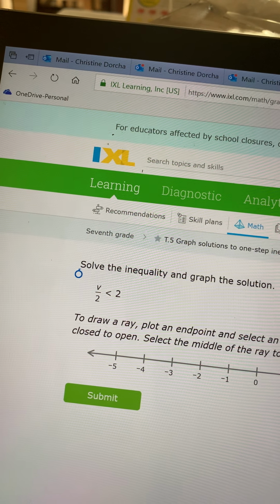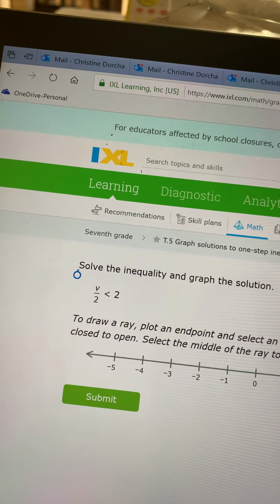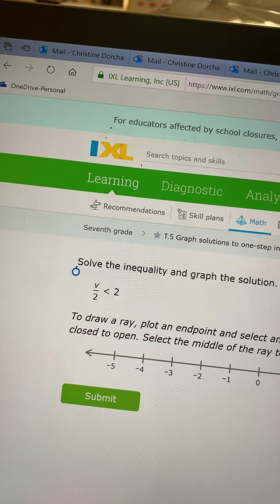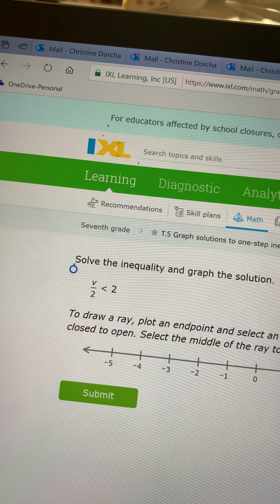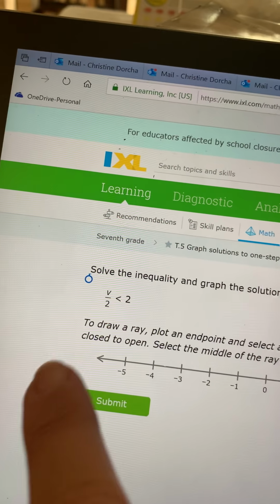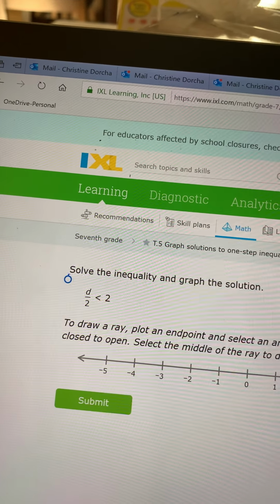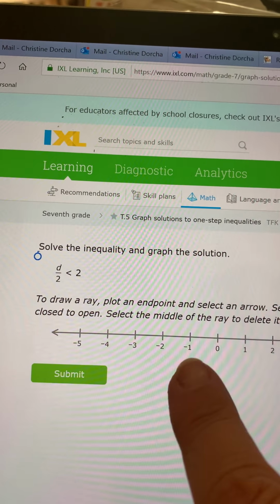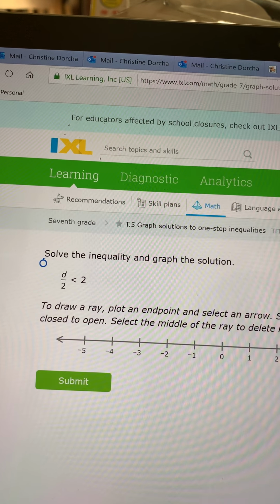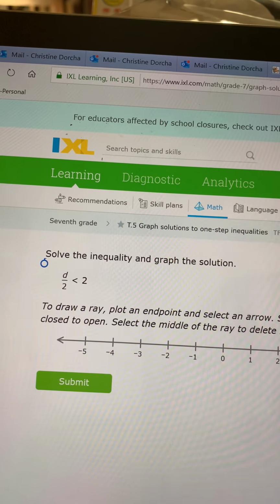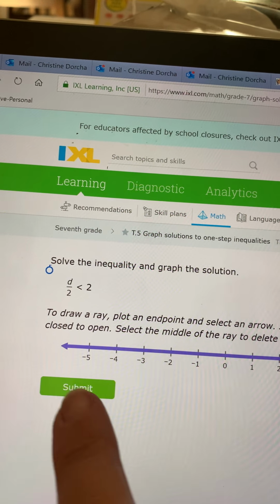Okay. So at the 4, open circle, all numbers that are less than 4. Okay, so I'm just going to start to pick up my pace here a little bit. Hopefully you guys will see that. All values that are less than 4.